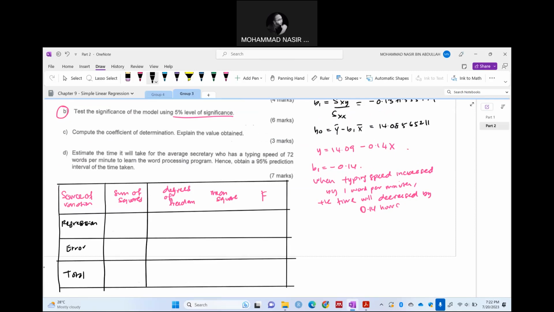SYY should be 51.66. Sum of square error, SSE, is SYY.